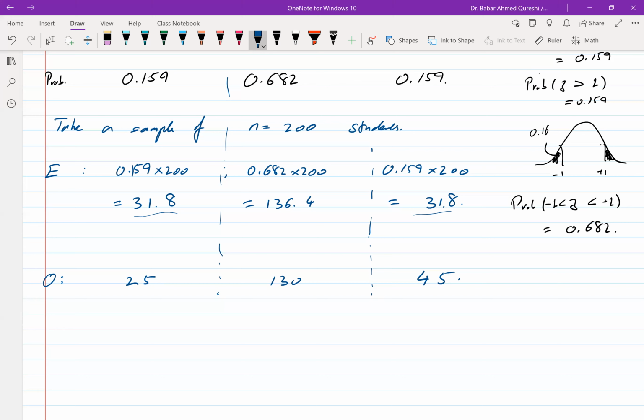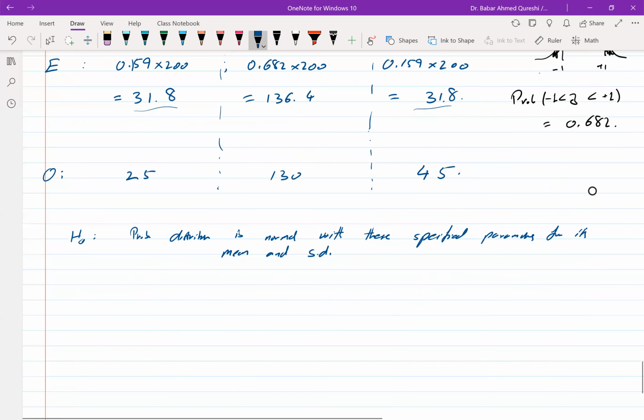So my H0 is that the probability distribution is normal with these specified parameters for its mean and standard deviation. I can say something about it.